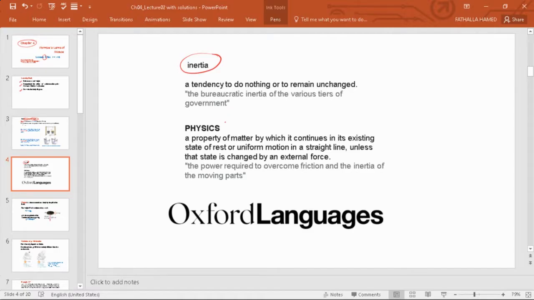And then there is another definition from physics, a property of matter by which it continues in its existing state of rest or uniform motion in a straight line unless the state is changed by an external force. So you know that inertia is basically resisting any change.